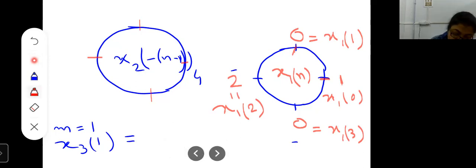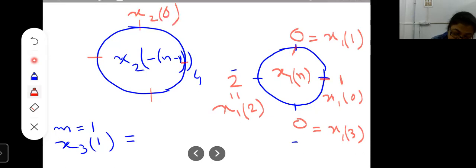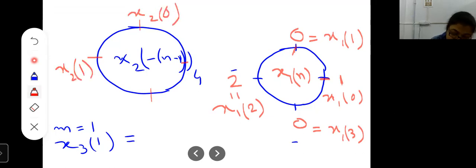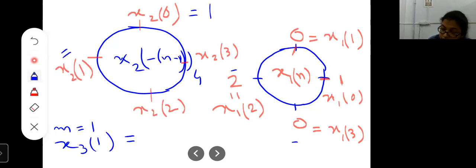So this value is your x2[0]. Now this value becomes x2[1]. This is your x2[2], and this one is your x2[3]. Now just put the value. So this value becomes 1. Now this value is already given.